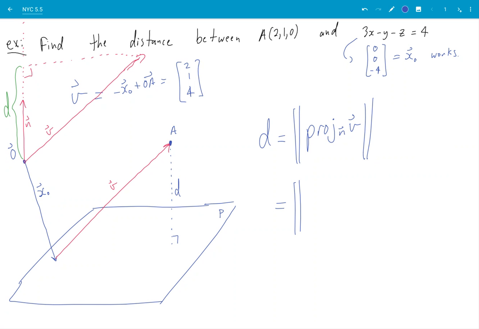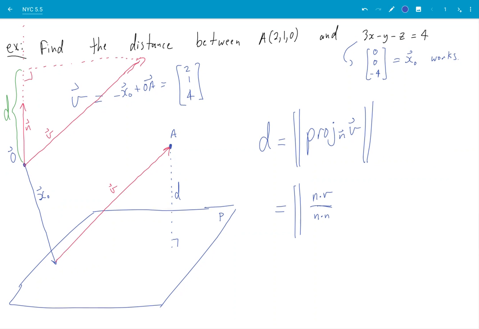We get n dot v over n dot n, in the direction of n. And then what is that? What is n?